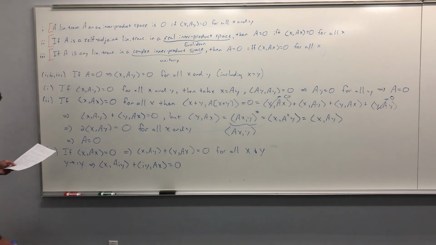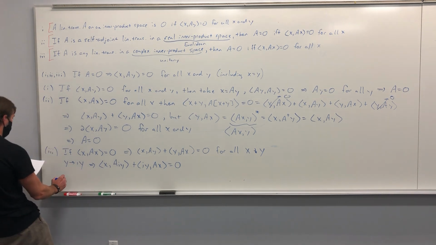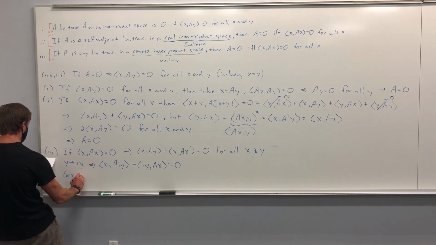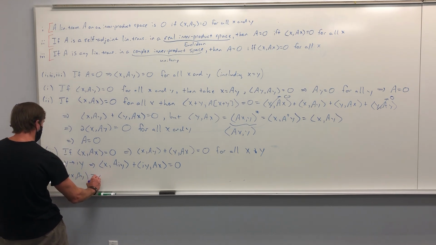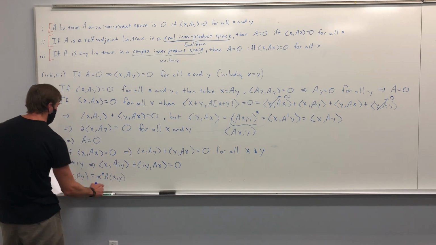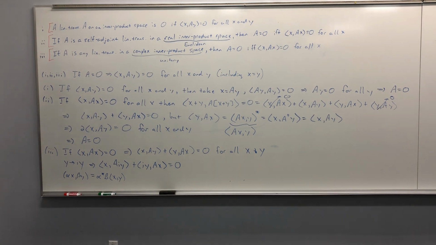All right? Now recall that if I have alpha x beta y, then this is alpha star beta xy, because of that complex conjugation that you put on the first term in an inner product. Okay?